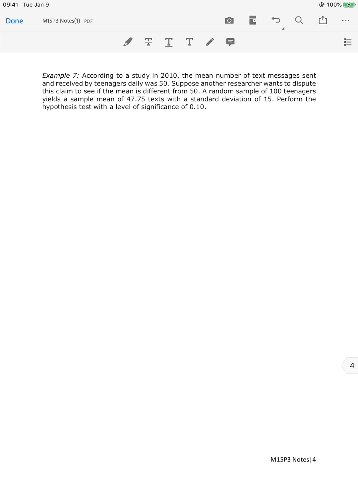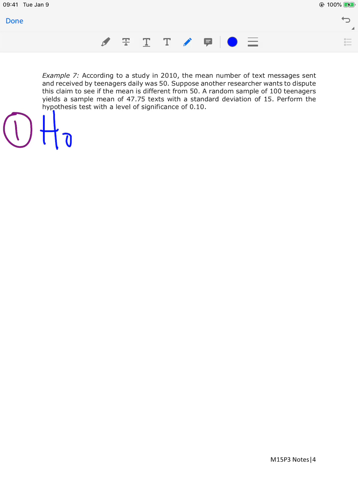So what we're going to do is follow those same 4 steps. Step 1. Write the null and alternative hypothesis. Let's reverse for a second. Highlight important things.